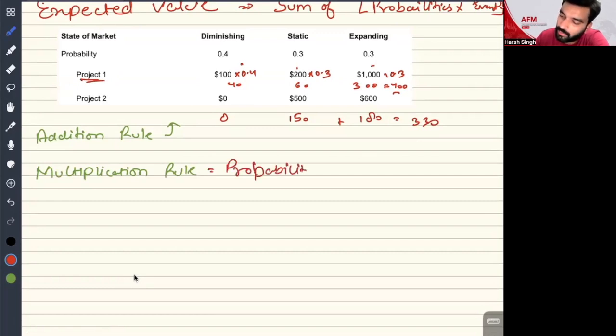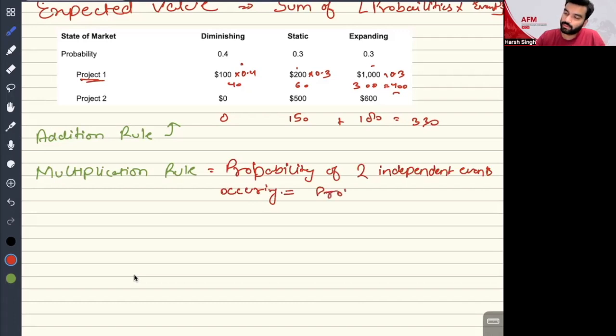Probability of two independent events occurring is equal to probability of A multiplied by probability of B. As simple as that.